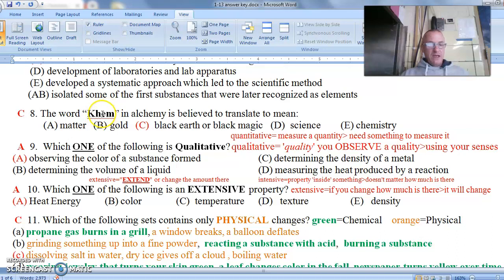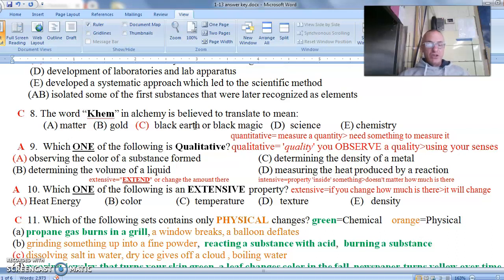So chem is part of the Egyptian hieroglyphics. What does the word chem mean? It actually translated to mean black earth or the dark earth. The earth along the Nile was very rich in organic matter, which made it black. The Egyptian civilization prospered because every year the Nile overflowed the banks and dumped rich organic material along the banks so Egyptians could grow crops.